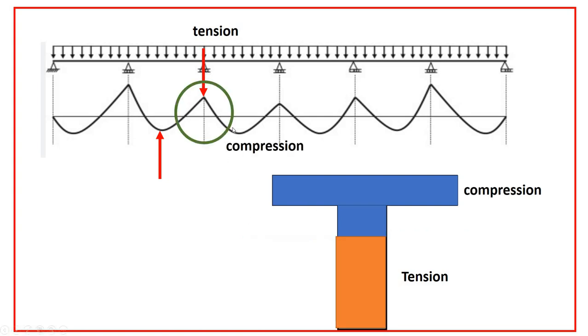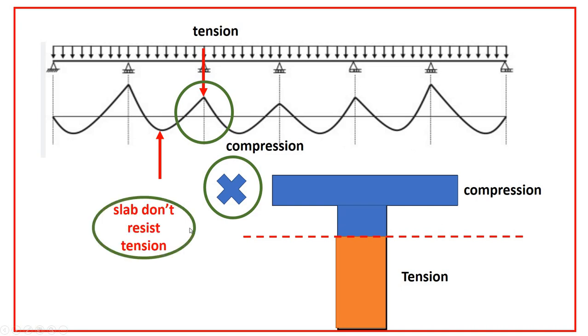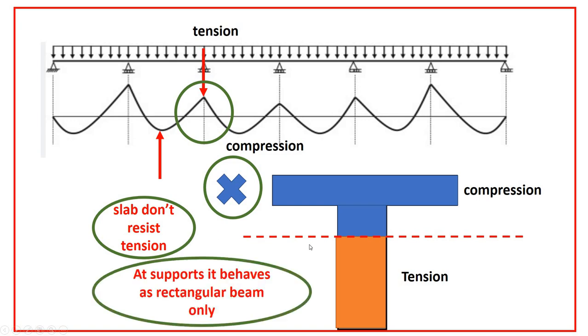At support here we have tension at top, but the problem is that slab doesn't resist tension, it resists only compression, right? So at support the beam doesn't behave as a flange beam, it behaves as a rectangular beam only because slab doesn't resist tension, right?